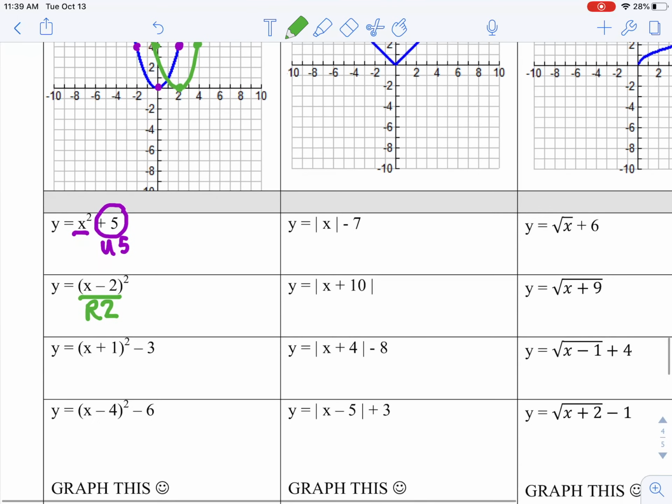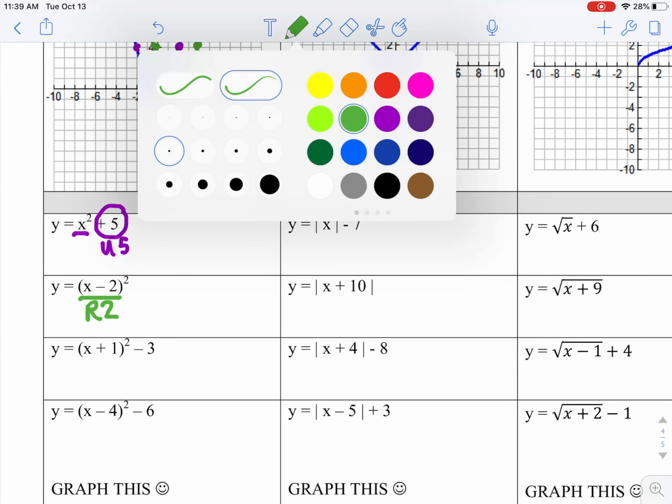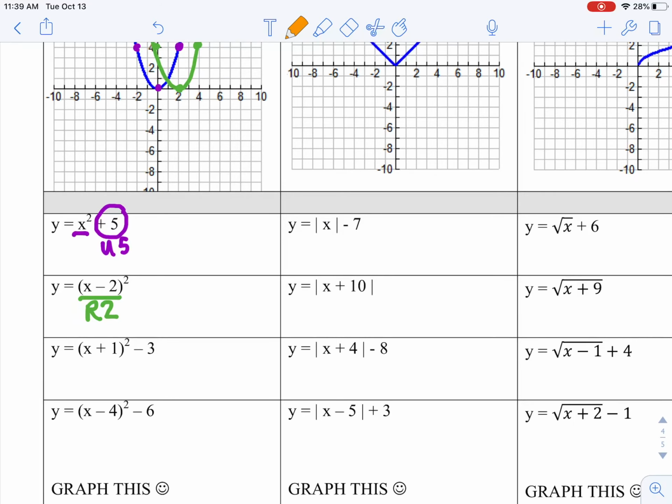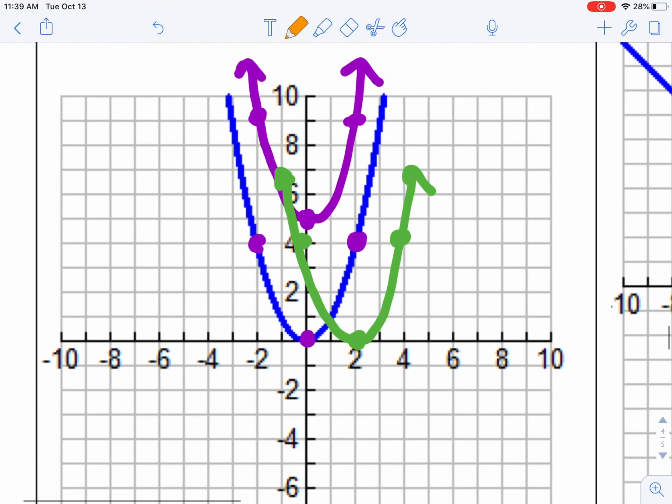We'll do one more example here. First, I like to write what is my movement. So I have x plus 1, which means I go left 1. And then I have minus 3 at the end, which means down 3. So each of those points, I'm going to move left 1, down 3. So left 1, down 3, new point.